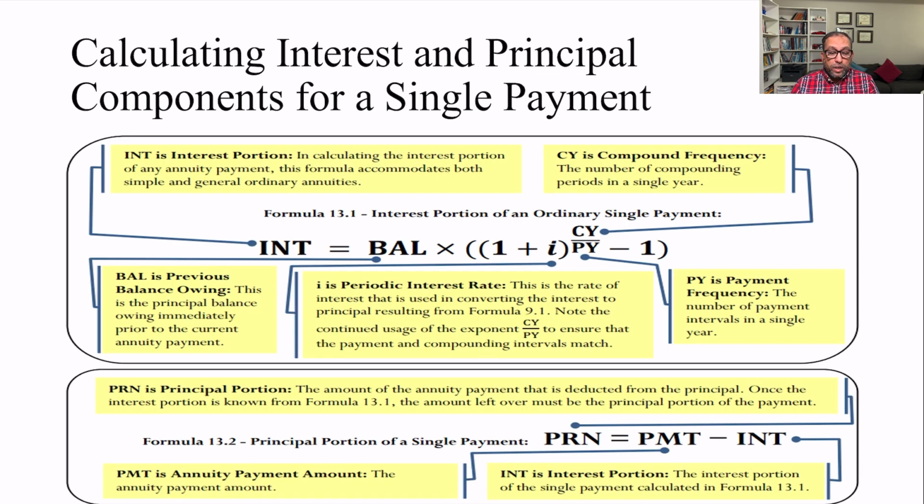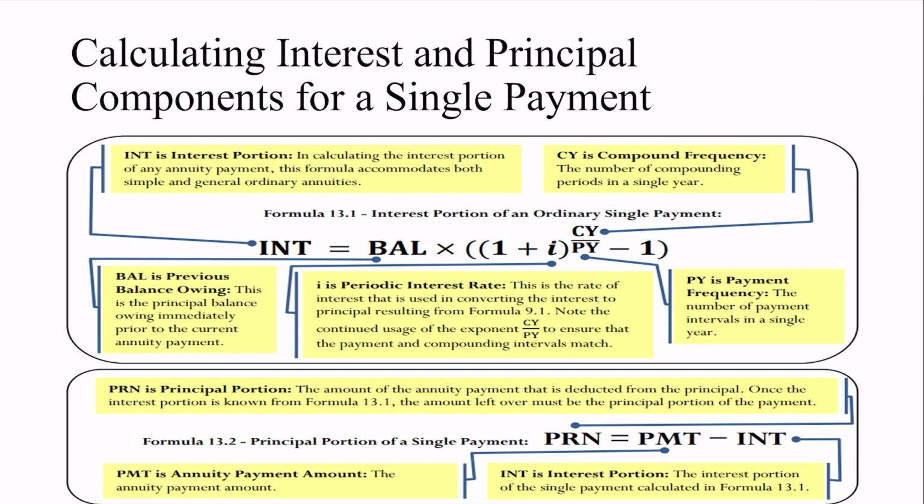Now the formula for calculating the interest payment for the amortization is the balance of the loan, which is the principal outstanding balance of the loan, times (1 plus i) exponent cy over py, minus 1. And if we want to calculate the principal amount, what is the PRN of this amortized amount?